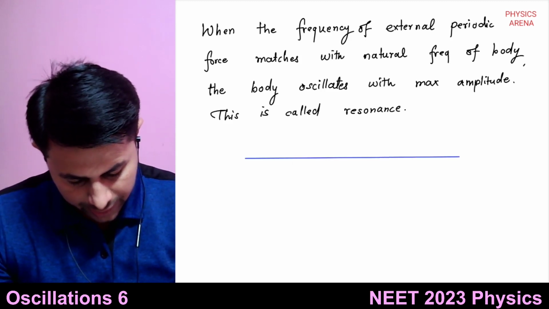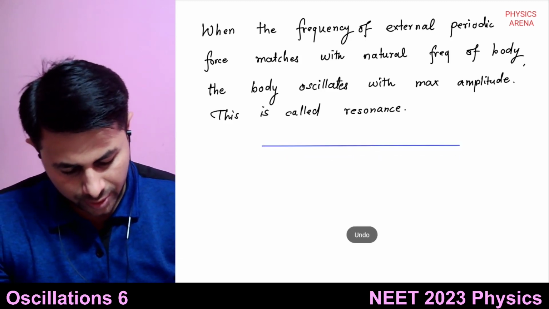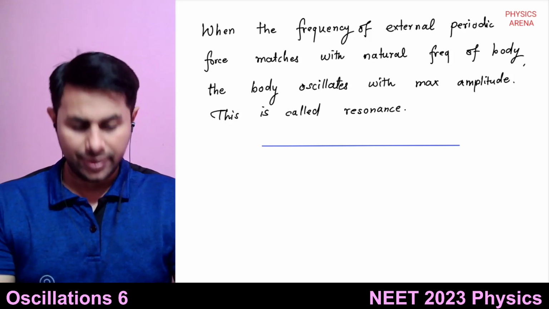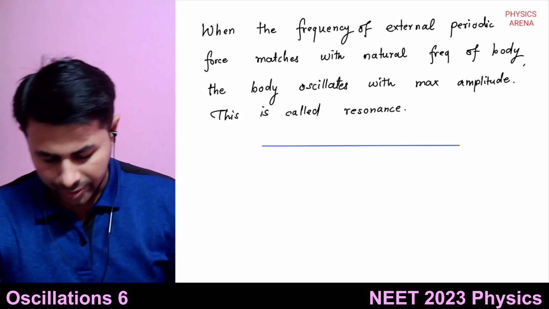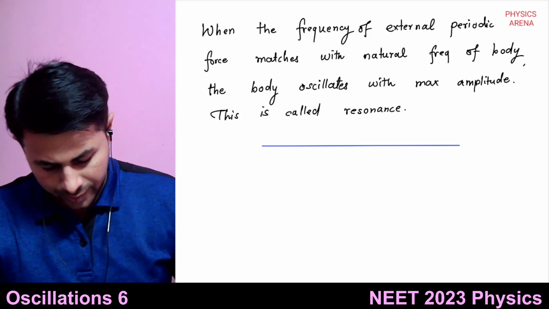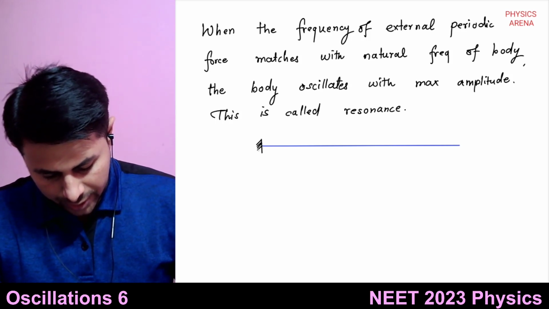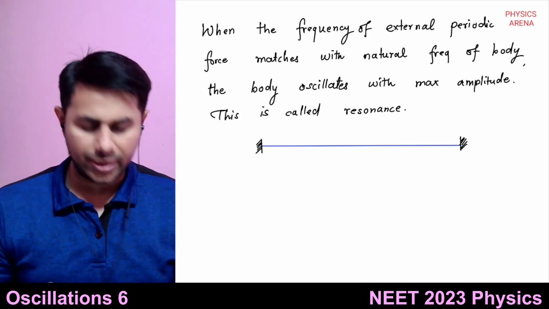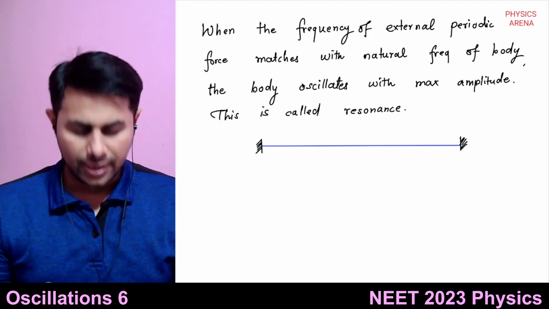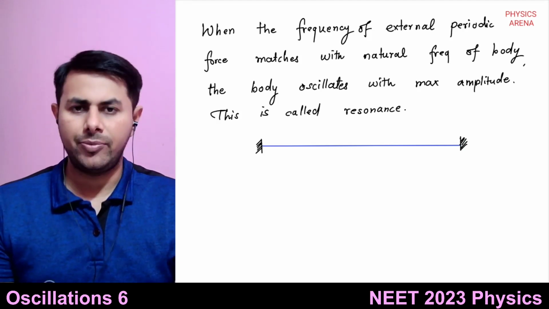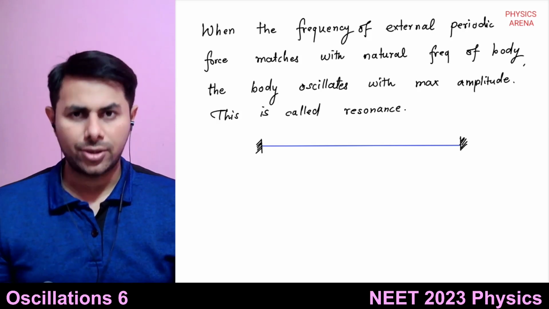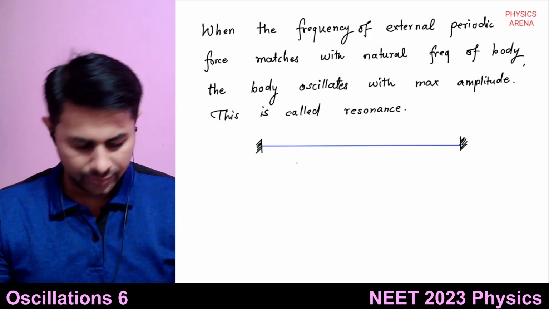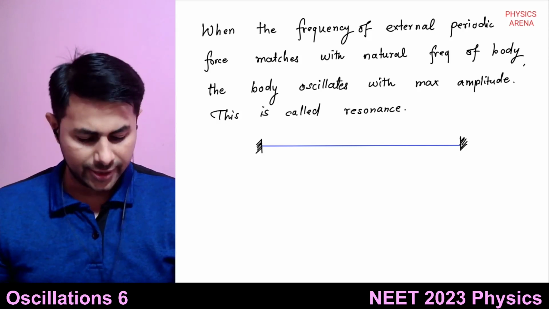Let's consider a simple example of resonance. Let's suppose this is a string clamped between two rigid supports, a support on the left and a support on the right. We attach some pendulums to this string.